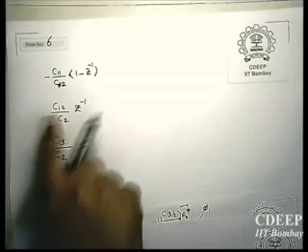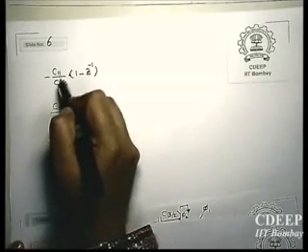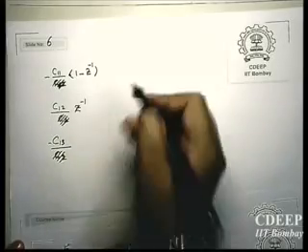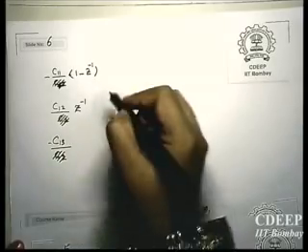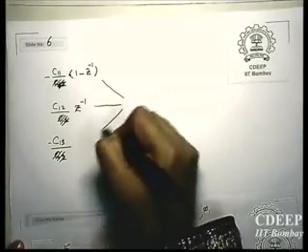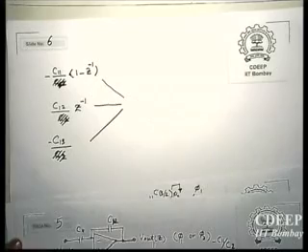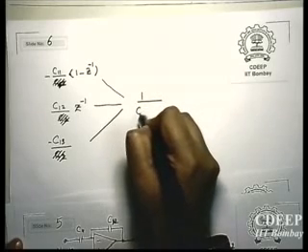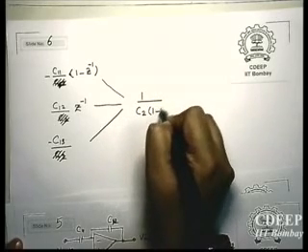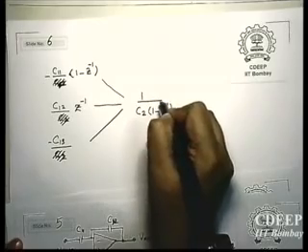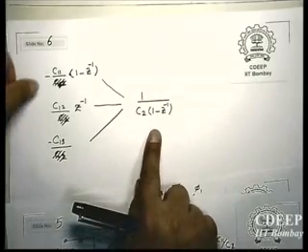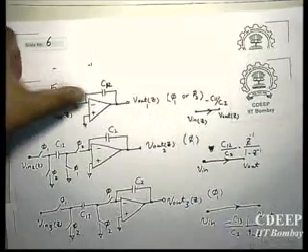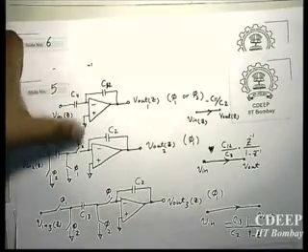And because again C2 is common, I will remove this C2. I will keep only the uncommon parts. And then what is the common factor between all of them? 1 upon C2 into 1 minus Z inverse. Meaning that if you multiply this term by the first term, you will get the first transfer function, and so on.